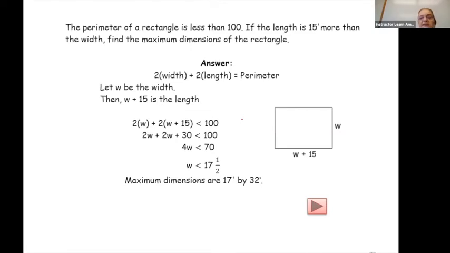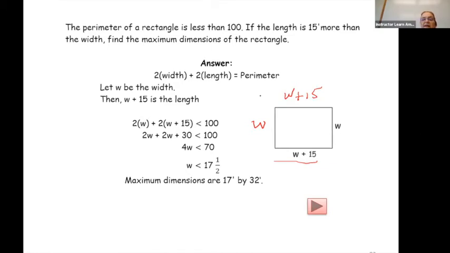Well, if we set up a diagram, we have the width is W, which is suggestive of width, and length is 15 more than the width. So it's a good idea to call that W plus 15. We know the perimeter of the rectangle involves 2 of these W's and 2 of the lengths, W plus 15.